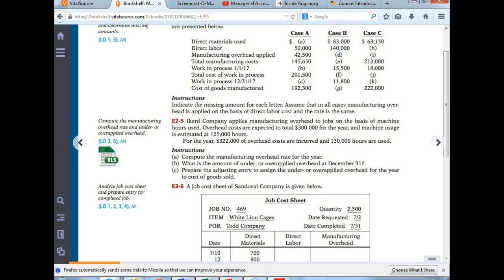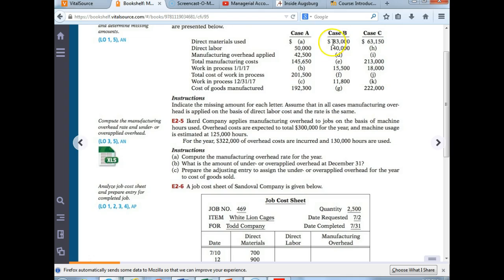Perfect. So if in this scenario our manufacturing overhead is $42,500 to our direct labor of $50,000, what would our amount per labor hour be in manufacturing overhead? What would it be? 85. So in this case, we take 140,000 of hours times 85 cents, what would D be? 119.